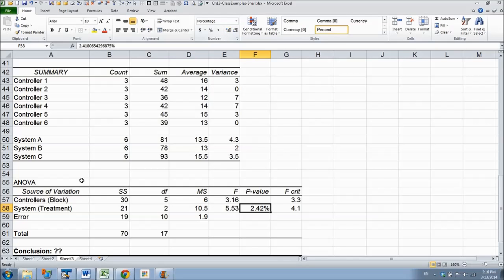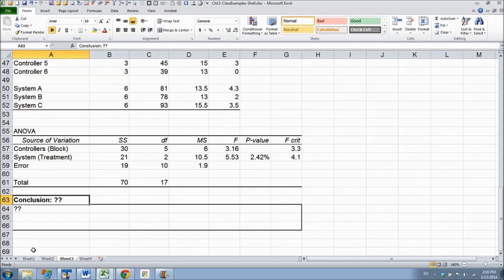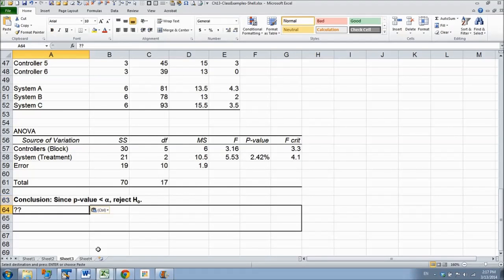So the conclusion is, since the p-value is less than alpha, we'll assume 5% for alpha, we reject the null hypothesis. The interpretation is that we do have sufficient sample evidence to conclude the fatigue and stress scores are different for different system designs. We have adjusted for the differences, or controlled for the differences, in the controllers themselves.